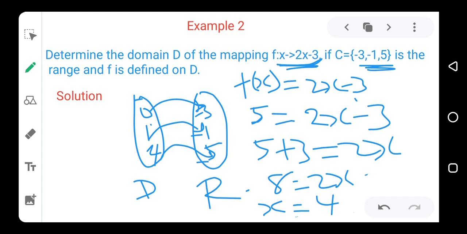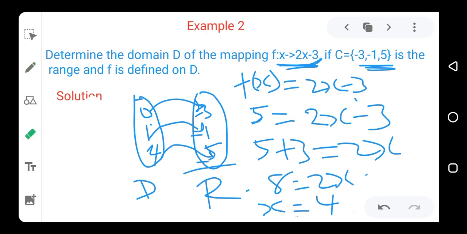So we have determined the values in the domain that gave us the range minus 3, minus 1, and 5. This is the domain, or the set in the domain.